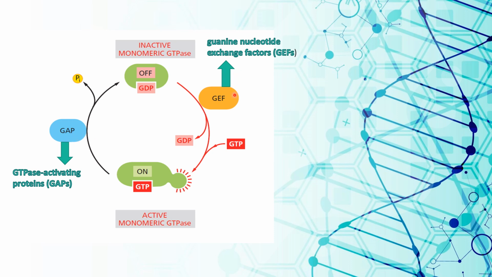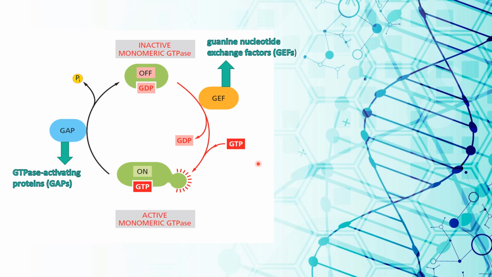The second thing is the guanine nucleotide exchange factor. When we talk about these GEFs, you see here we have an inactive monomeric enzyme, a protein which is inactive because it's bound to GDP. Whenever the exchange occurs, the GDP is released and replaced by GTP. Now, when it is bound by GTP, we see that it's in the active monomeric GTPase form.